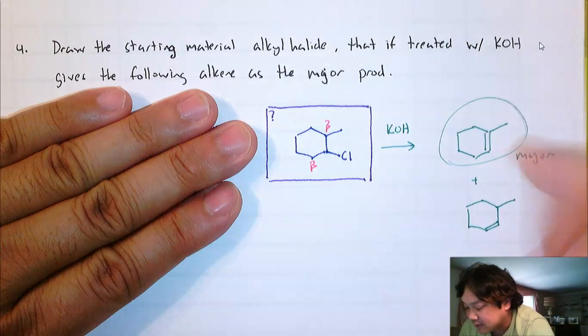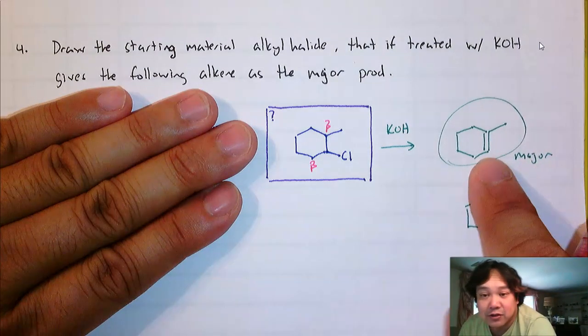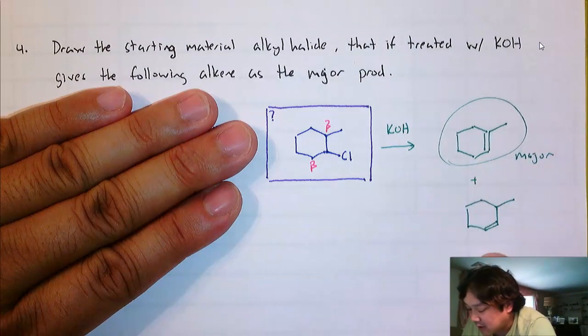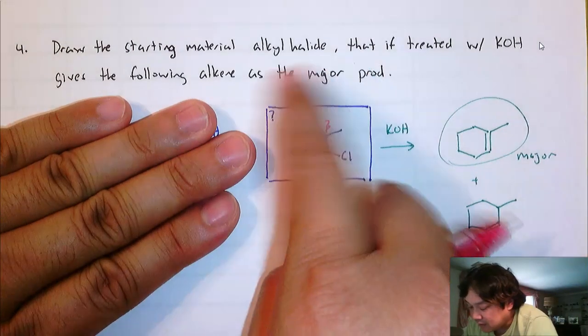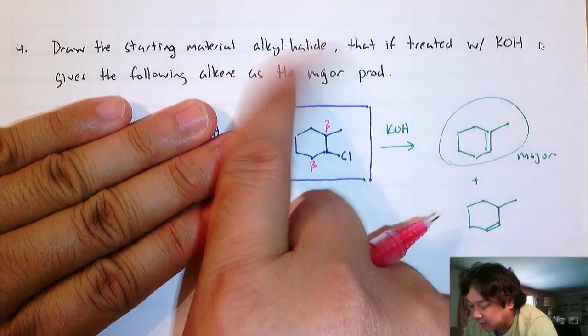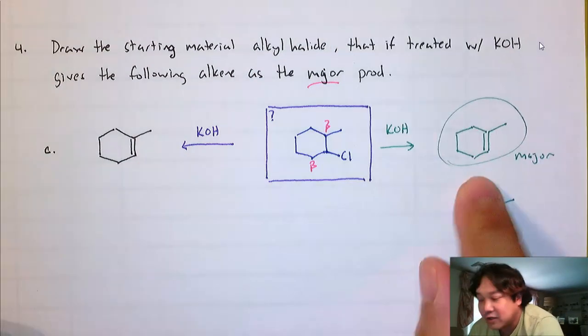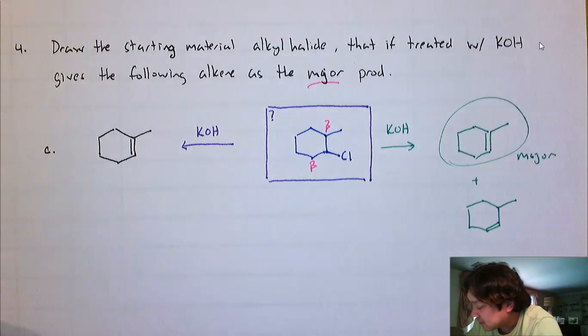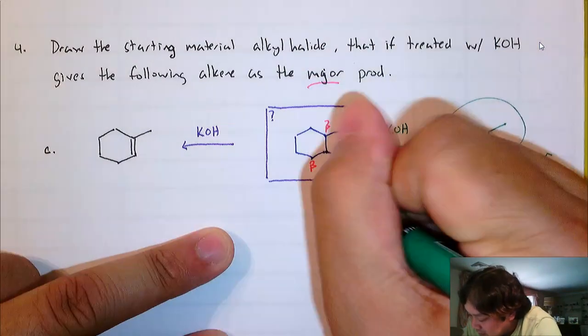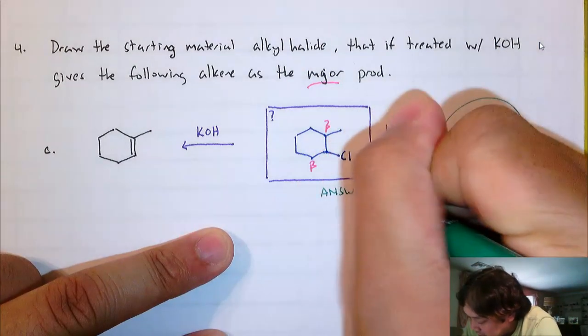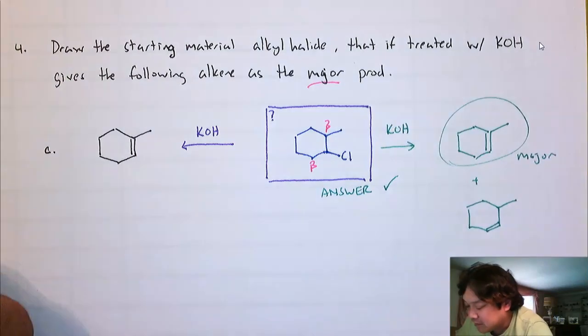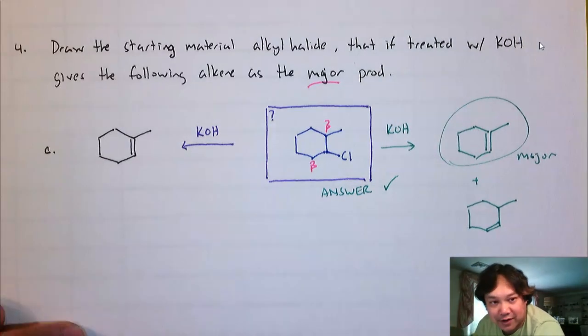We'll get two products, and the major one is the one that's tri-substituted. And is that true? I want a starting material that will give me this as the major product. Check. So this is good. This is an answer.